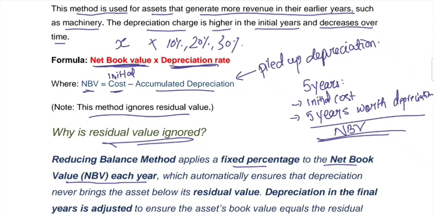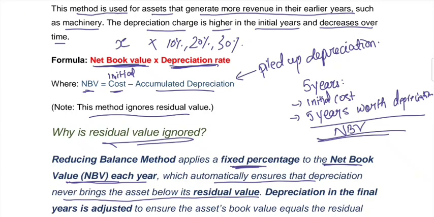So what we do is we apply a fixed percentage to the net book value, which automatically ensures that the depreciation never brings the asset below its residual value. Because if the value of the asset goes below its residual value, it will not make sense. Because this is what we had decided when we bought the asset, that this is the scrap value, the resale value at which the asset will be sold.